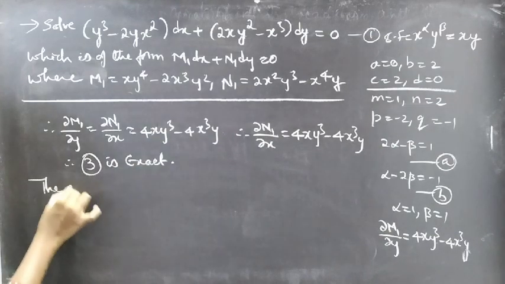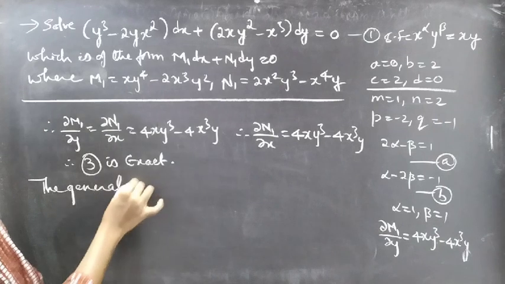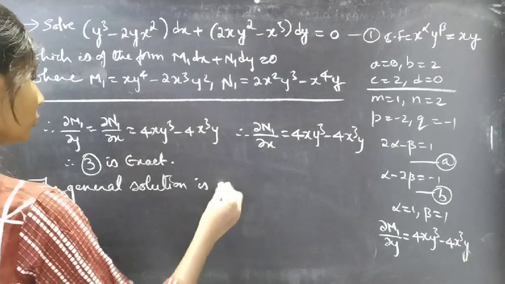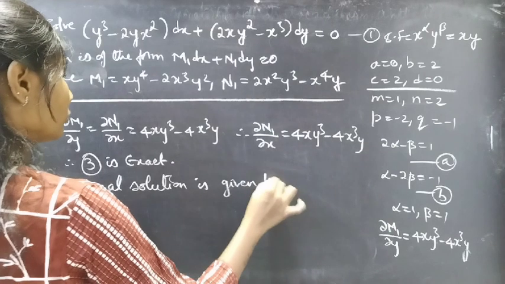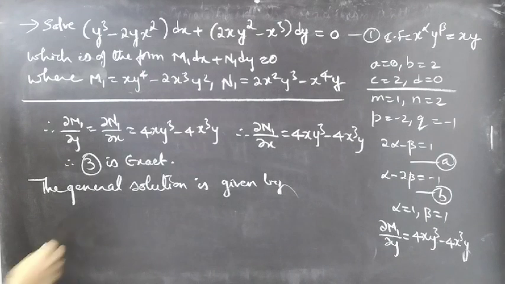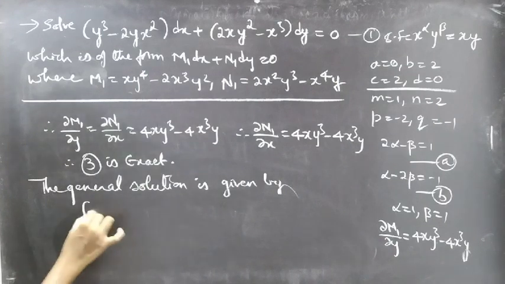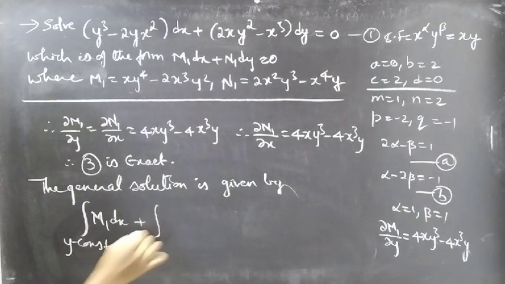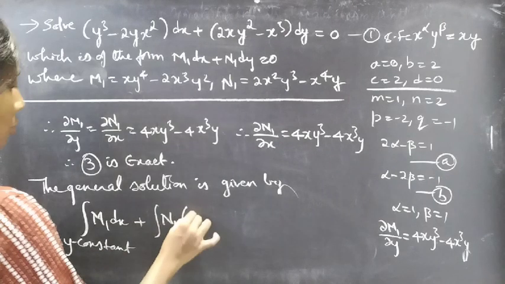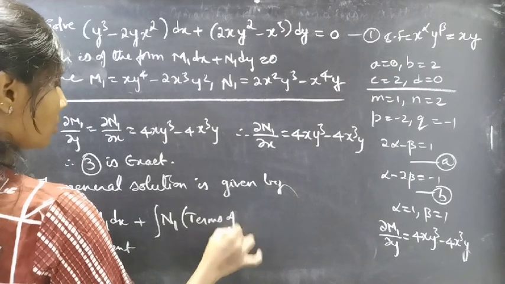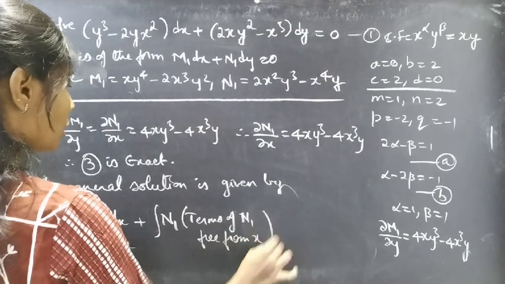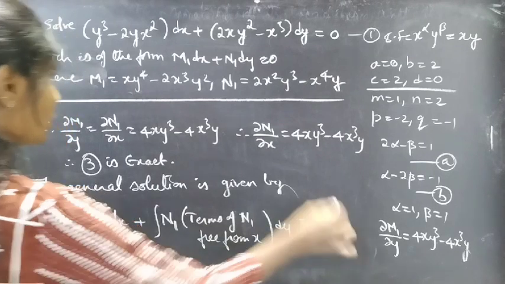And the general solution is given by integral M1 dx treating y as constant, plus integral of terms of N1 free from x, into dy, equal to c.